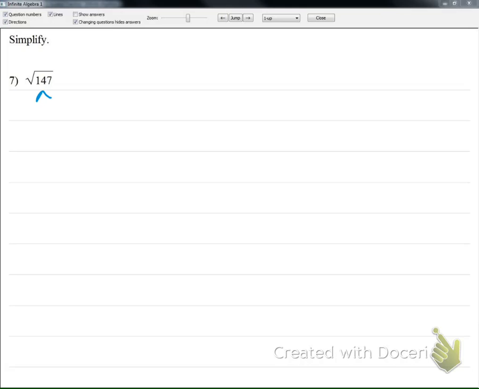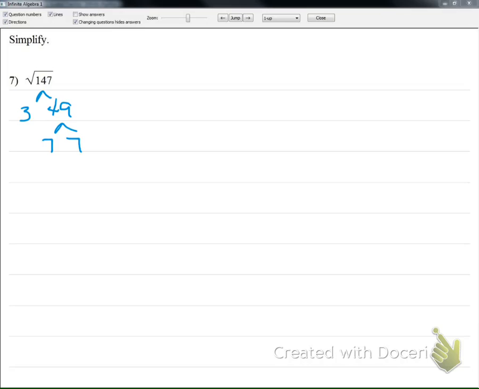Found out it can't be divided by 2, but it can be divided by 3, and you should have got 49. 49 can be divided by, not 3, but it can be divisible by 7, which is equal to 7.